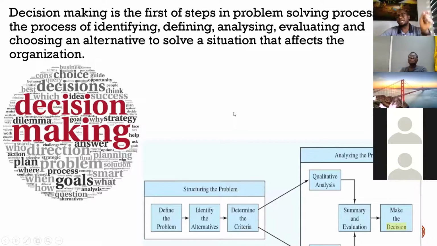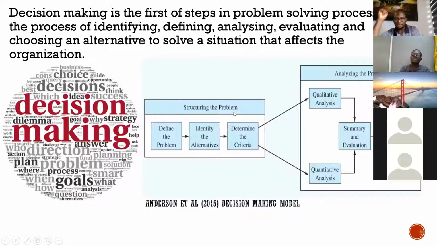So we're going to look at a graph model that was designed and founded by Anderson and his team of decision-making researchers. They came up with this model of the whole thing that we've defined, how to make a decision.